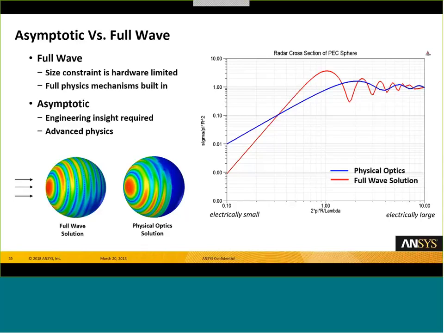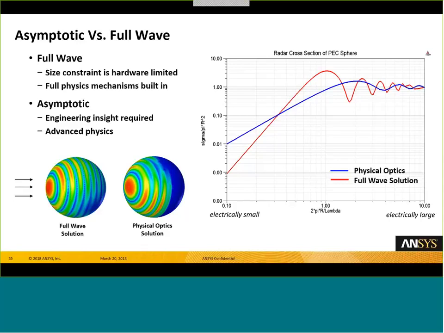The full wave solution, highlighted in red, agrees with the theoretical prediction, and there's lots of literature on this. What you notice right out of the chute is the physical optics solution is just flat out wrong at the electrically small end. It's not until you get into electrically larger conditions that they start to converge.